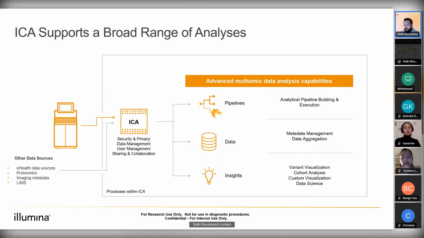It can accept any type of data within it. And then within ICA, we've built a framework in order to allow for building and running and orchestrating pipelines, data management through data warehousing, databases, etc., and modules to help for insight generation, data science, anything downstream of your data generation.